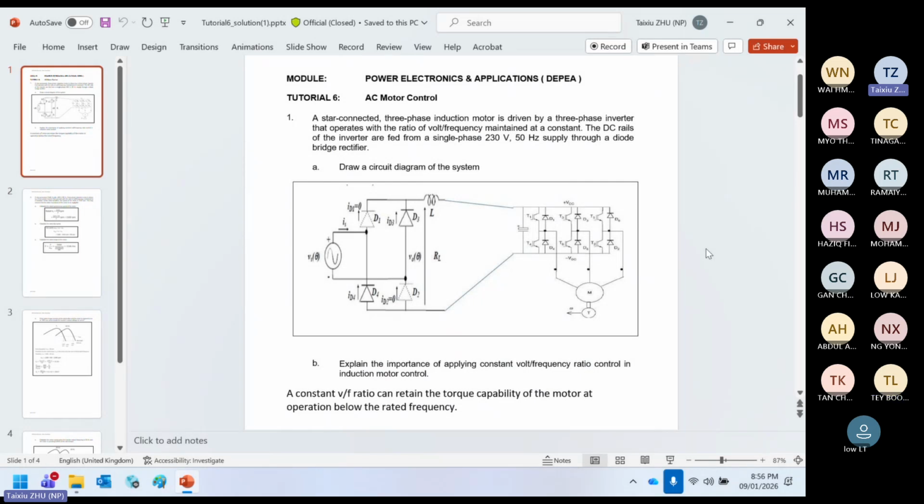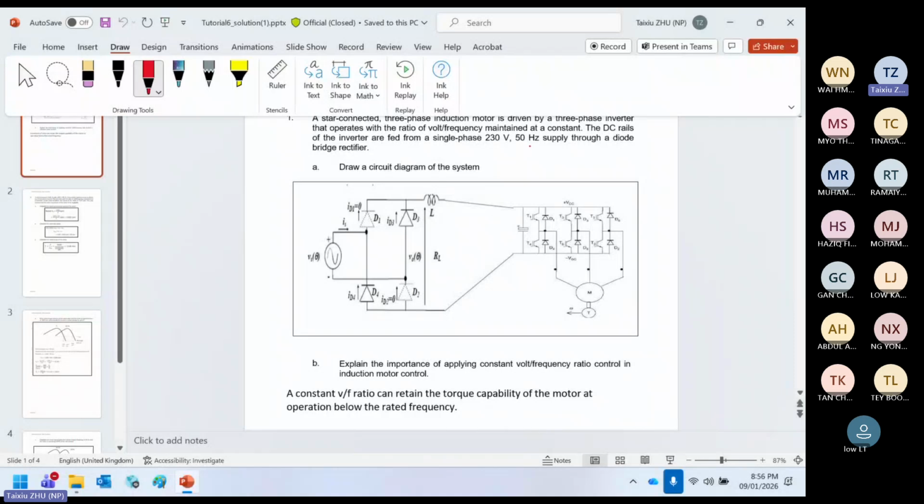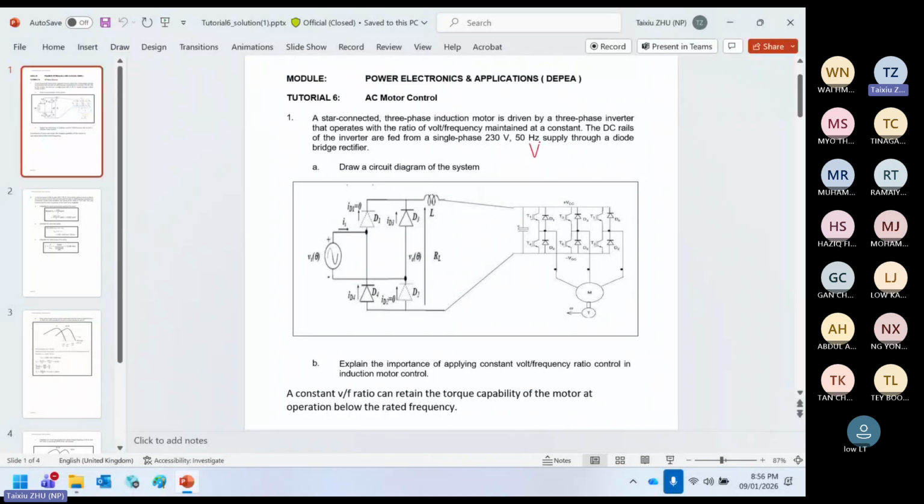Now, it operates with the ratio of voltage over frequency maintained constant. Basically, this is the V/F control, meaning V divided by F is constant.